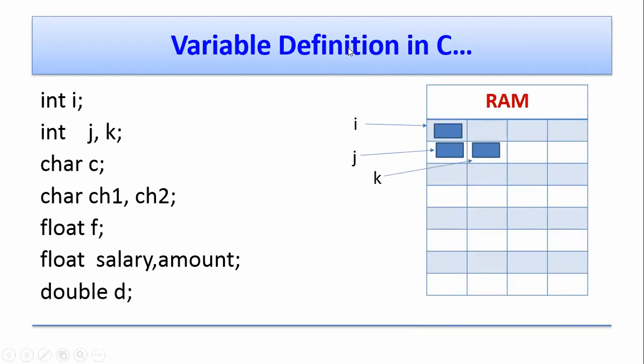Once you define a variable using any data type, the relevant memory storage is allocated and labeled by the variable name. If you say int num1, it says num1. If you say int n1, n2, then j and k are replaced by n1 and n2 respectively. Did you understand it?